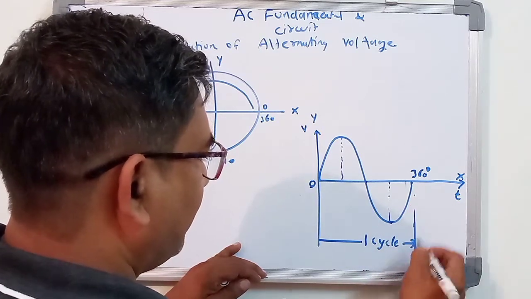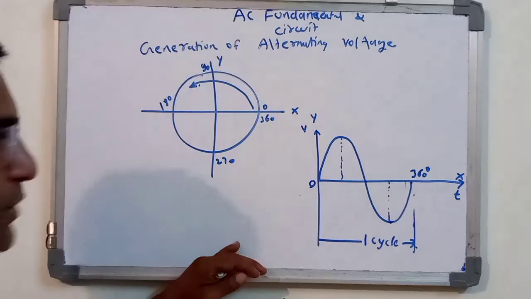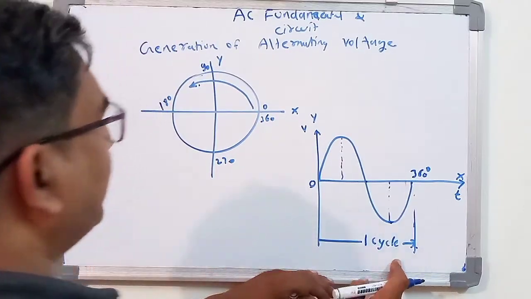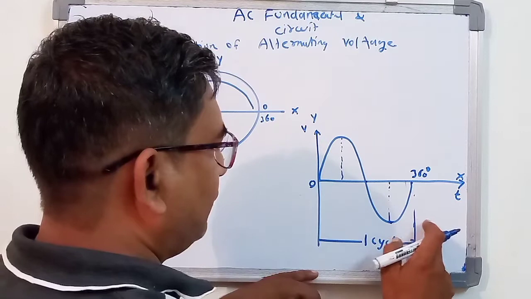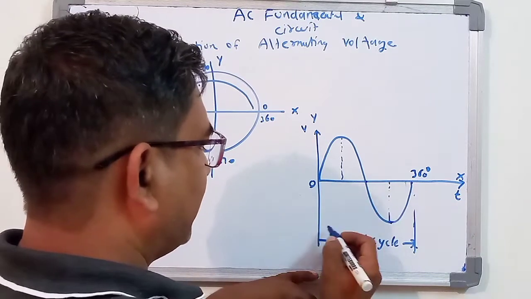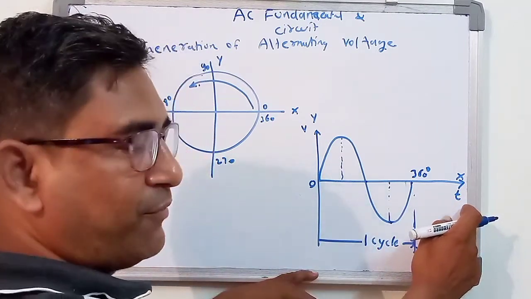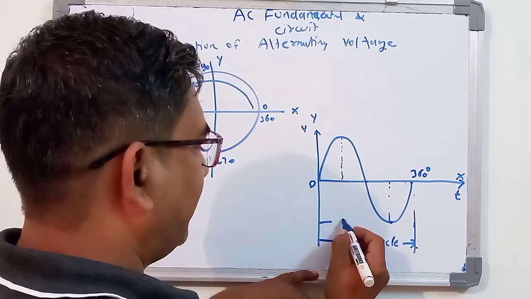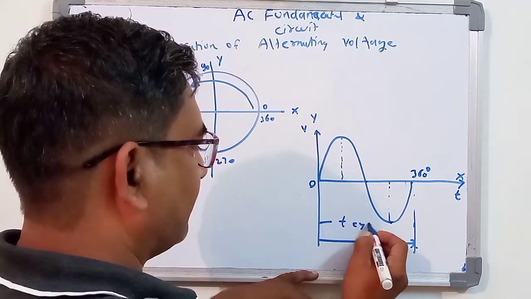This one cycle indicates from 0 to 360, and for one complete cycle we calculate the value of the time period T.